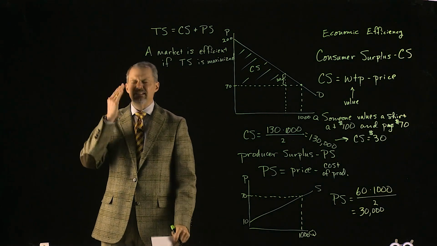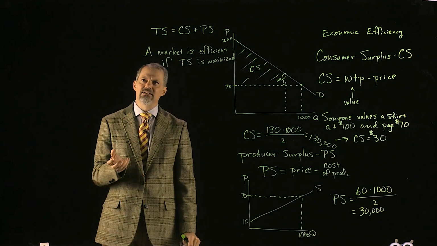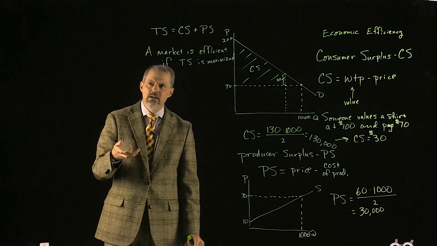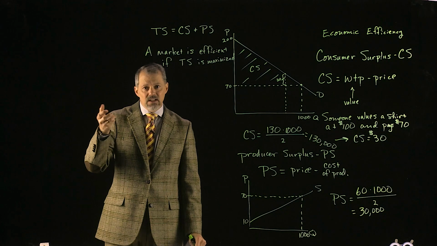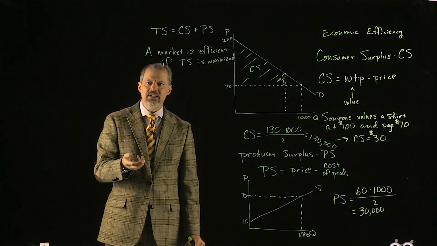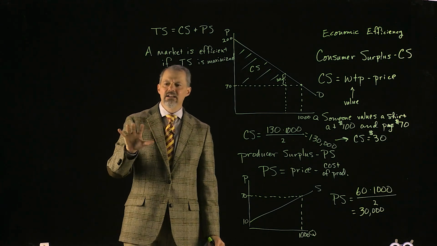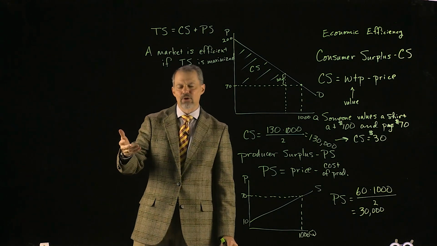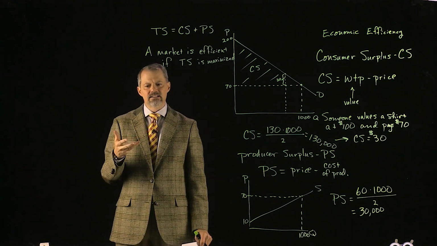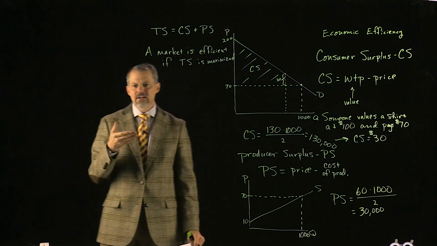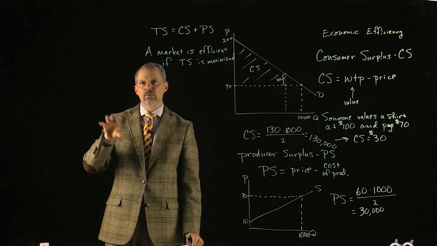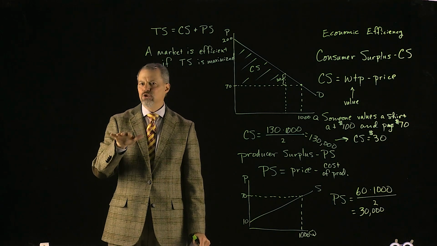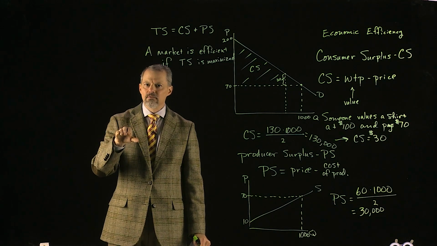If total surplus is not maximized, then that means that there's a Pareto optimal move that we could make that would help at least one person and not hurt anybody. So the idea of Pareto optimality was created by an economist named Vilfredo Pareto. And the idea is simply that if there's a move that you can make that would help at least one person and not hurt anybody, then you cannot make a good argument for not doing it.